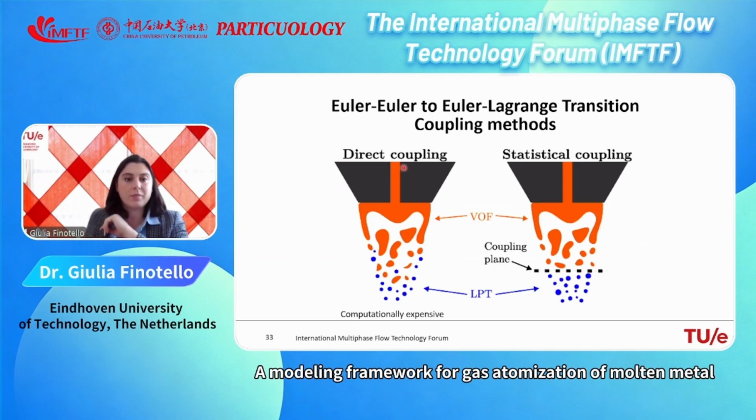The statistical plane is able to really decouple these two parts, but it is based on a fixed location. So you have to choose a coupling plane where you transfer the statistics from the VOF to the Lagrangian particle. You have to choose this plane, and that's an important choice.